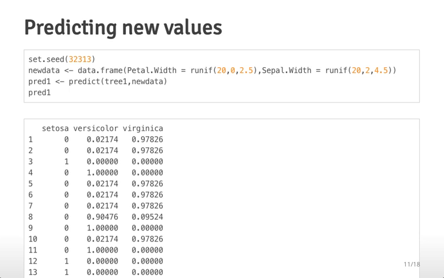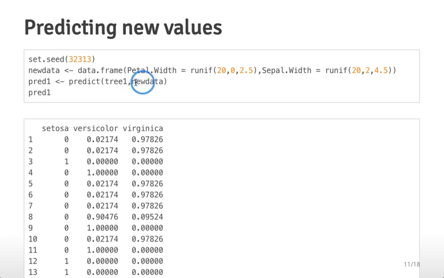So how do you predict new values with these functions? Here I'm going to generate some new data. I'm generating new petal widths and new sepal widths from a uniform distribution, to represent similar values to those we observed in our real data. Then I apply the predict function. This is the exact same function I used with lm, but now instead of the lm object, I pass it the tree1 object, and again a data frame with the new data in it.